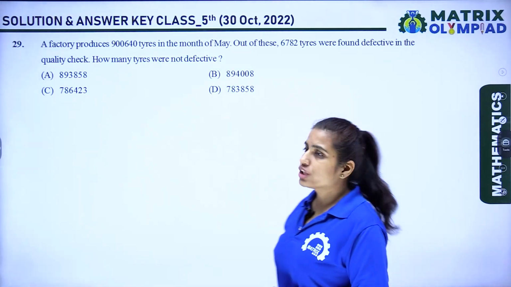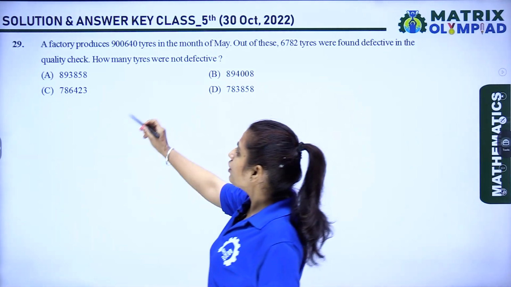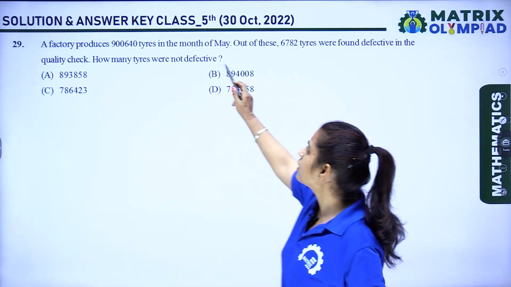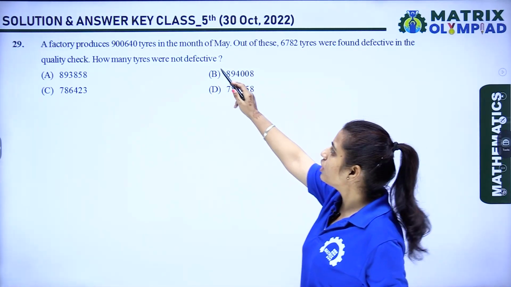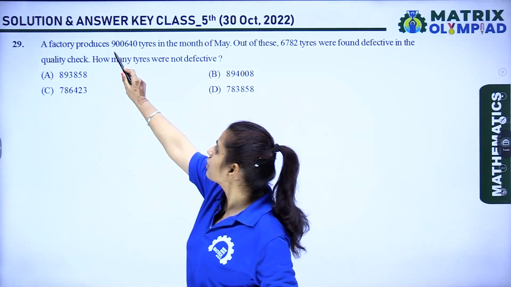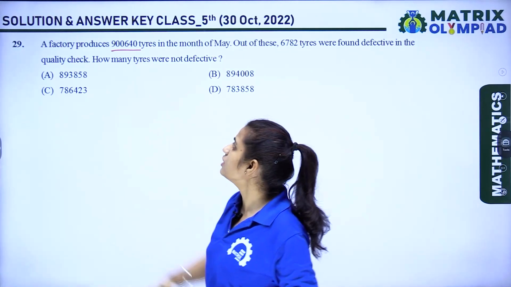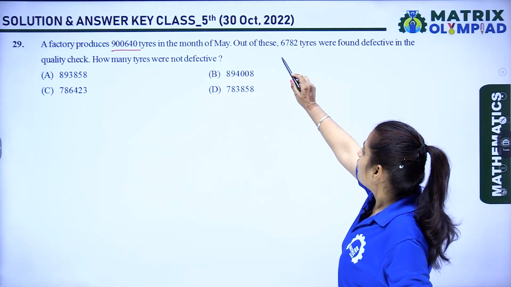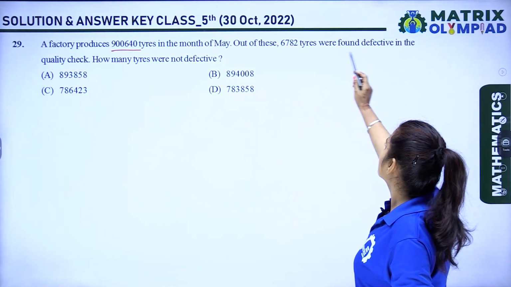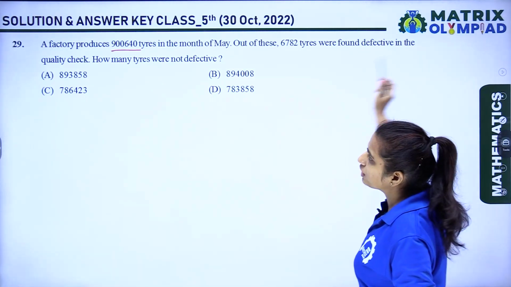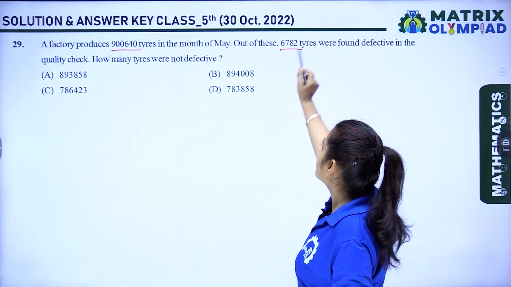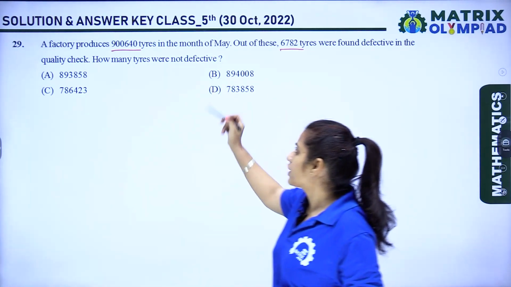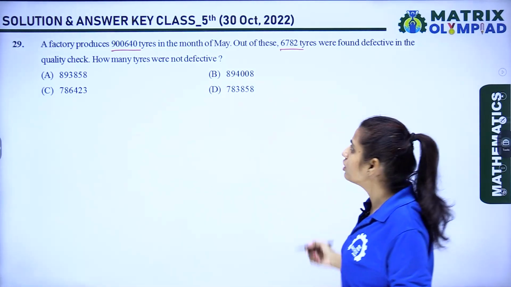Now the next question 29 is, a factory produce 9,640,000 tires in the month of May. So the total number of tires that is produced in the month of May is 9,640,000 tires. Out of these, 6,780 tires were found defective in the quality check, and these are the defective tires. Now, how many tires were not defective? We have to find out how many tires are not defective.